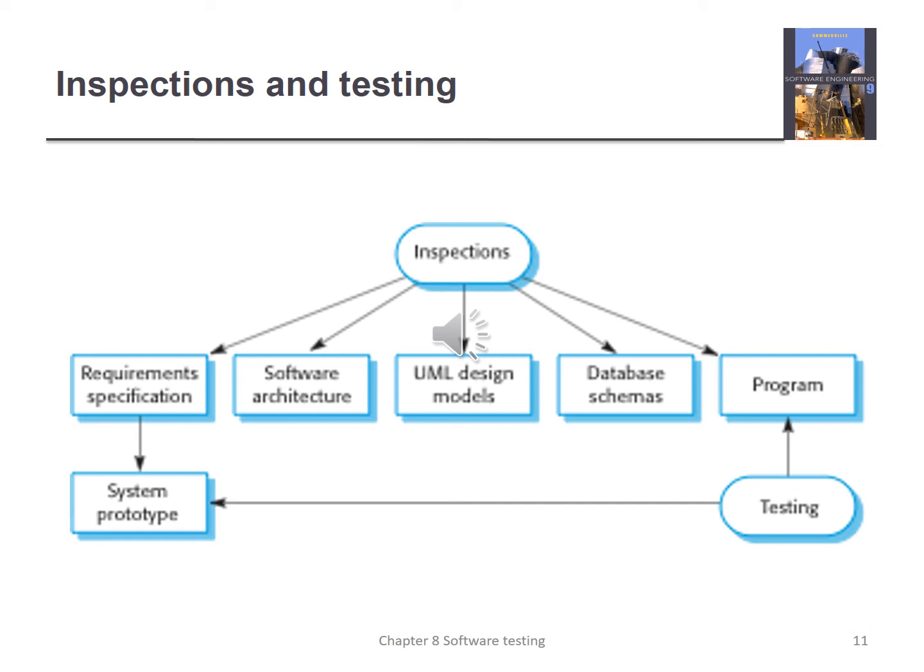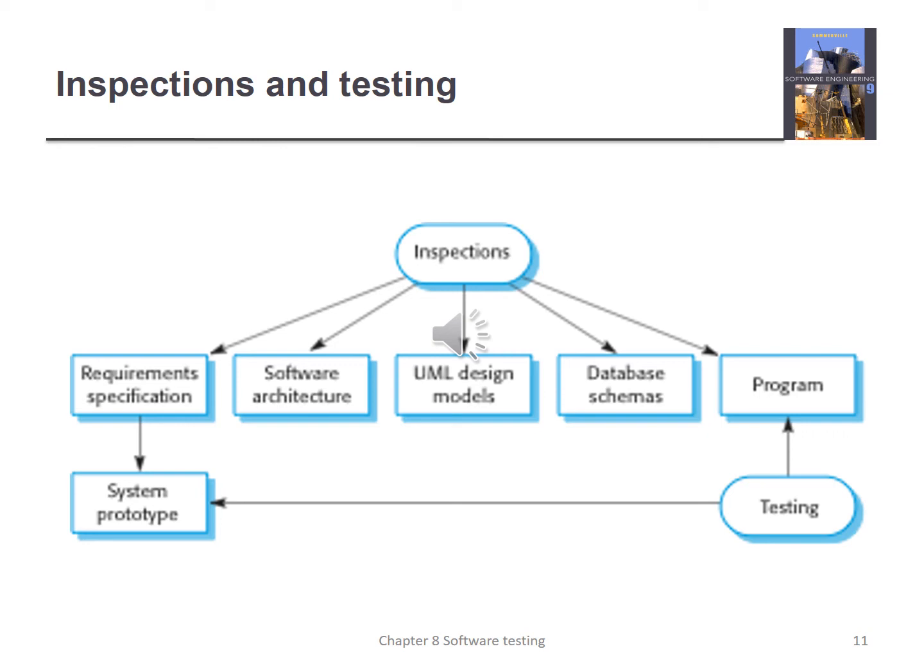When we look at inspection, it's very close to review. We review the program, but we also review the requirement specification at the beginning. Remember, one activity of the requirement engineering process is requirement validation, which is actually inspection.